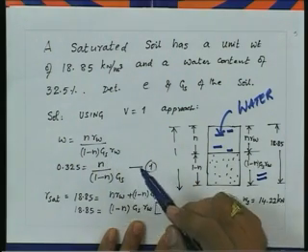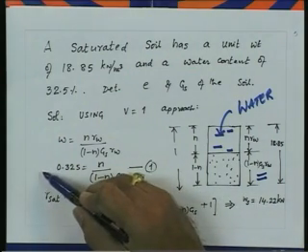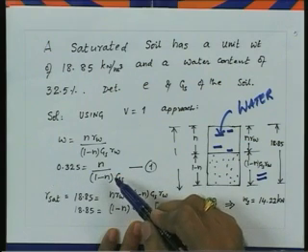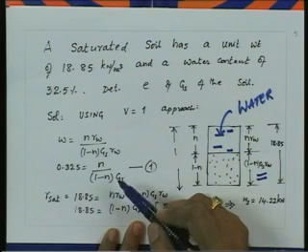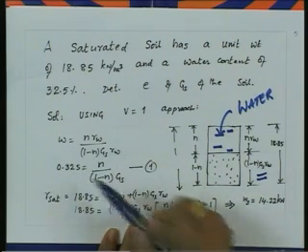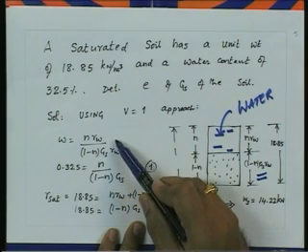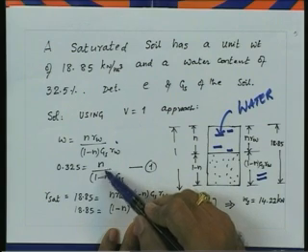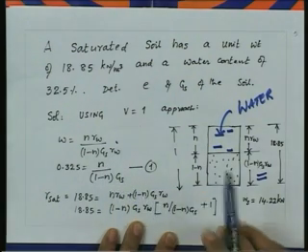So, in this problem the water content is 0.325 expressed as a decimal, which is n by (1 minus n) Gs. By substituting the water content of 32.5% in this equation, we will get a relationship between porosity and specific gravity of the solids.